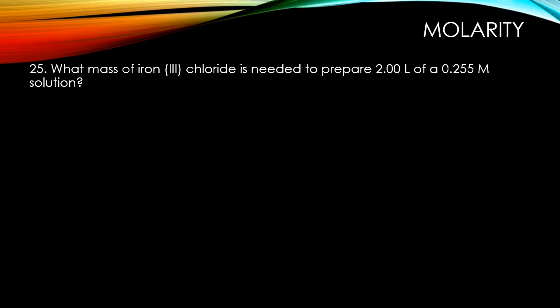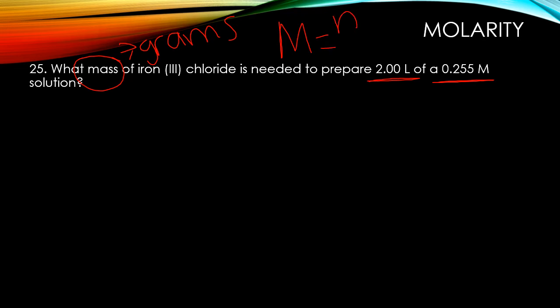Number 25. What is the mass of iron 3 chloride that is needed to prepare 2 liters of a 0.255 M solution? So I want to find mass. Mass is grams. Thinking about our molarity formula, M equals moles over liters, the only variable that gets you to grams is moles.